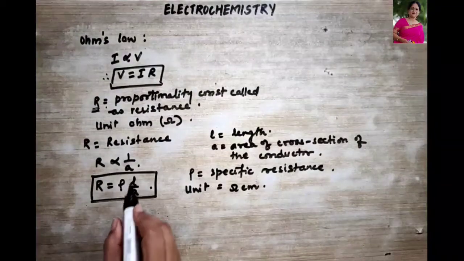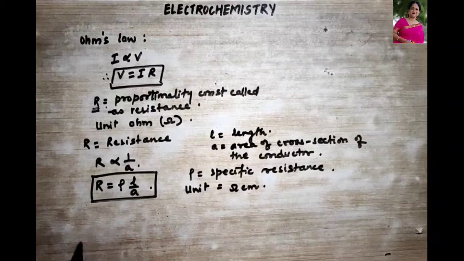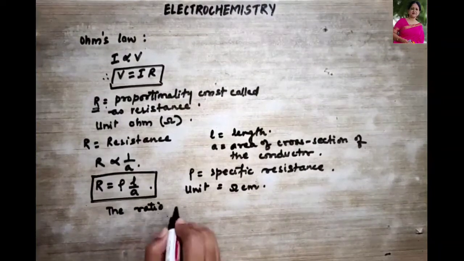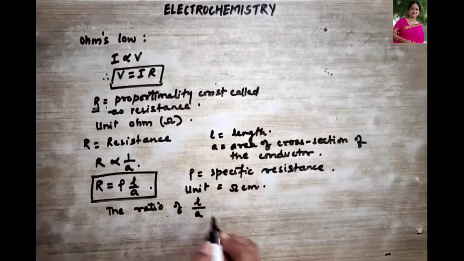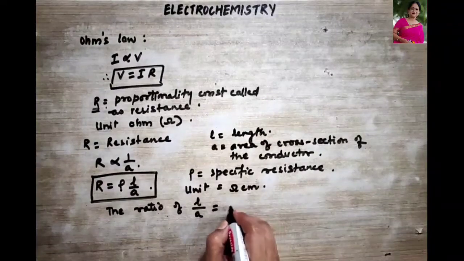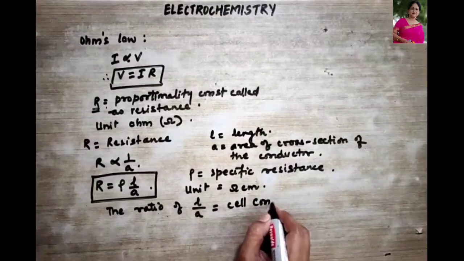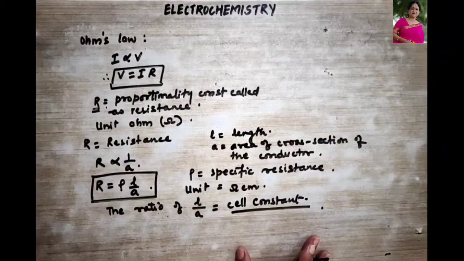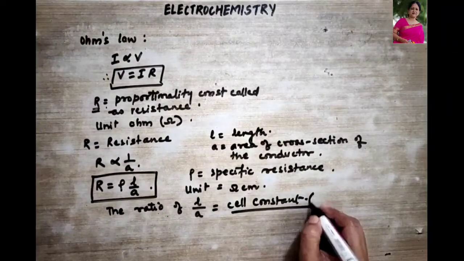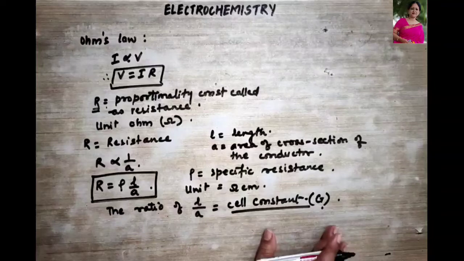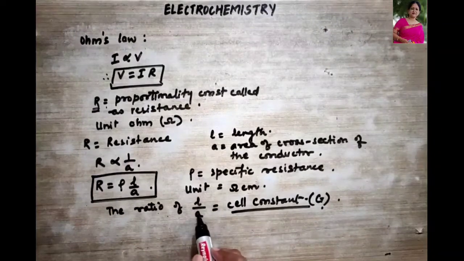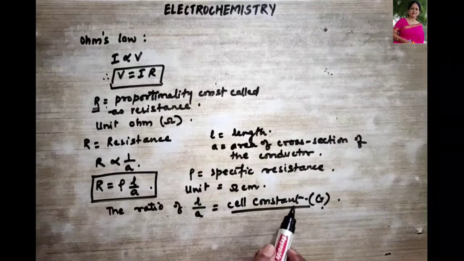Now next point, what is L upon A? The ratio L upon A is also called the cell constant, which is written as G. So the quantity L upon A is called your cell constant.